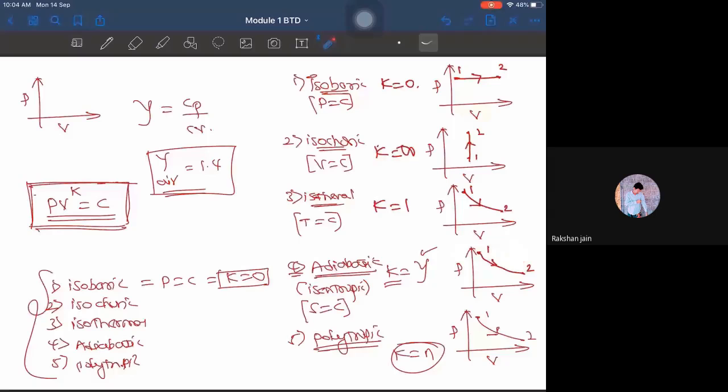For the last one, the polytropic process, nothing is constant. Everything is changing, and the value of K is not 0, not infinite, not 1, nor equal to the ratio of specific heats. It is just some arbitrary value. Such a process is known as a polytropic process, and it can also be represented as a curve in a PV diagram. So this is everything about all the processes.